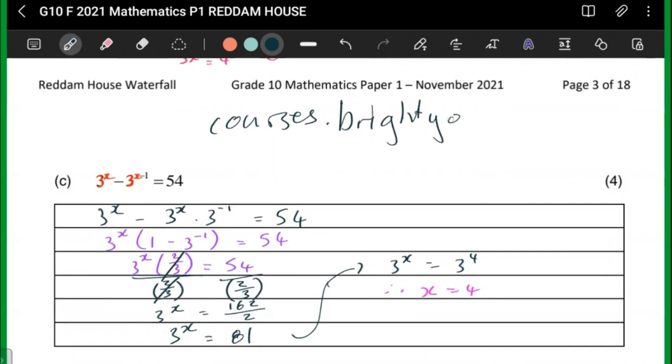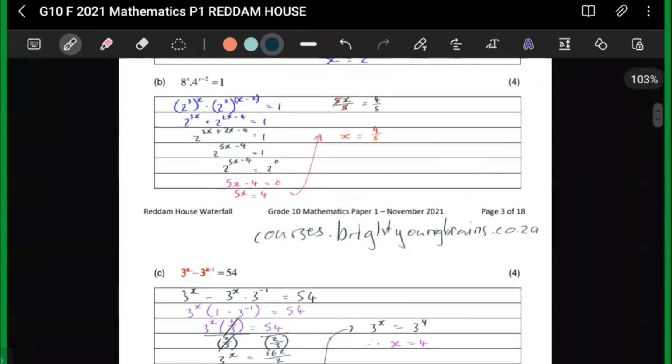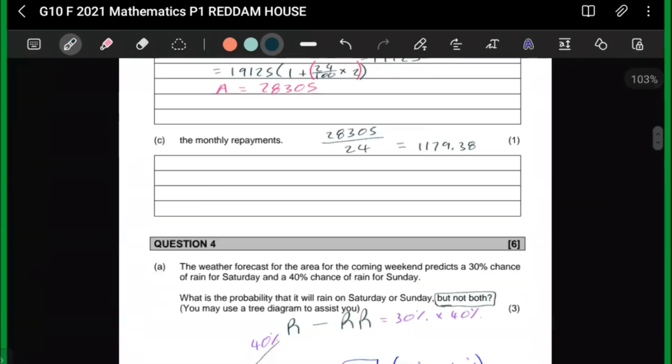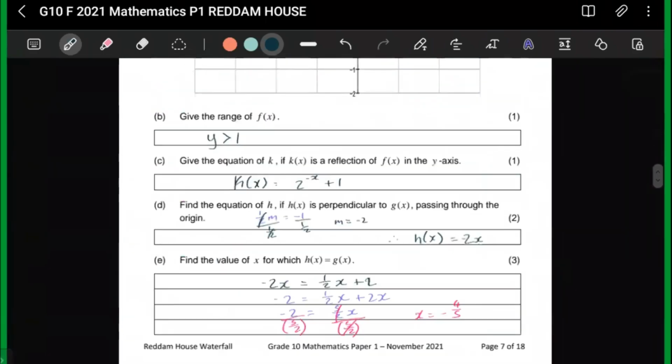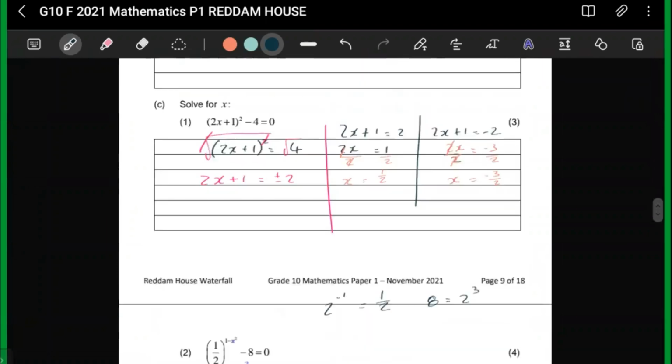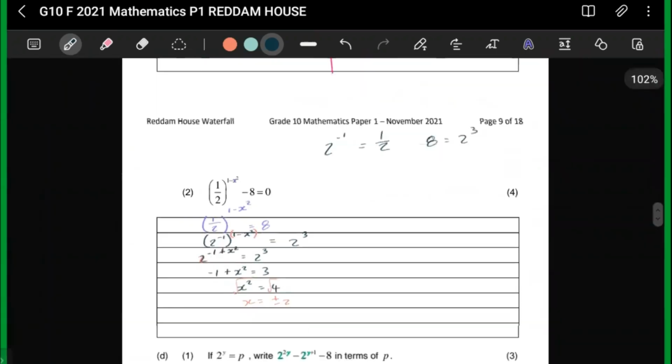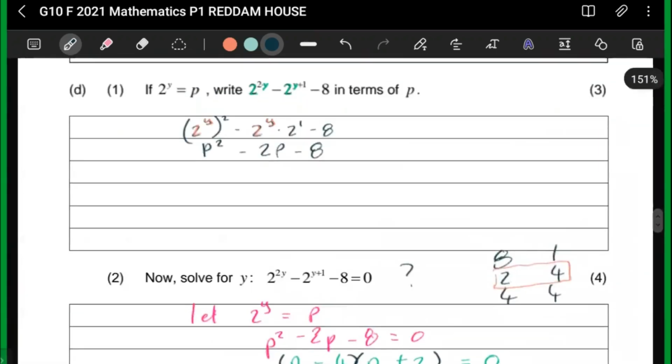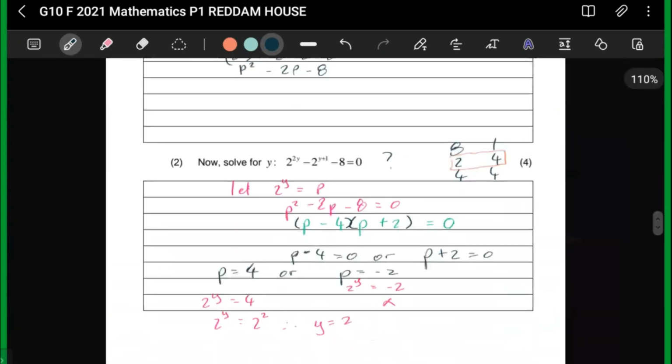For example, the algebra course is something that even a grade 10 learner can do, because that learner needs to be able to answer questions like what we have here in section B. And we all know what section B looks like. Things like this, you need to be able to think on your toes.